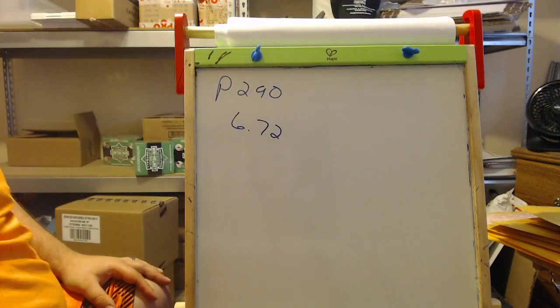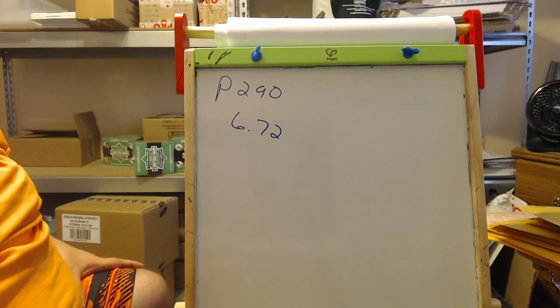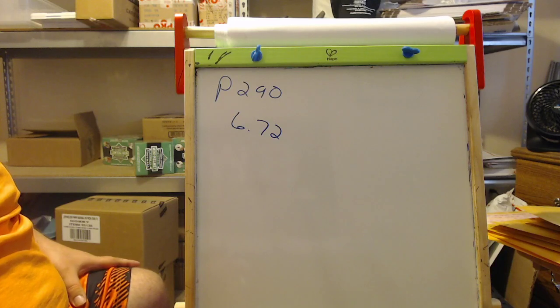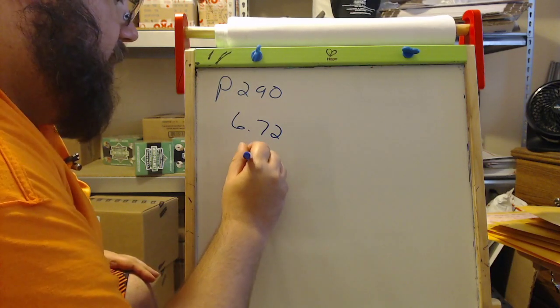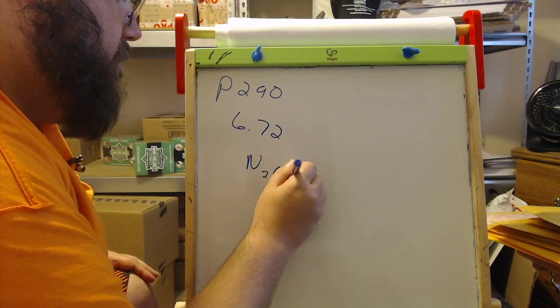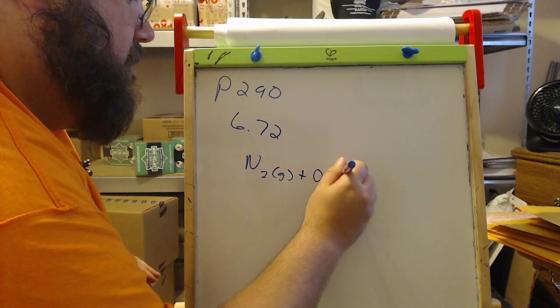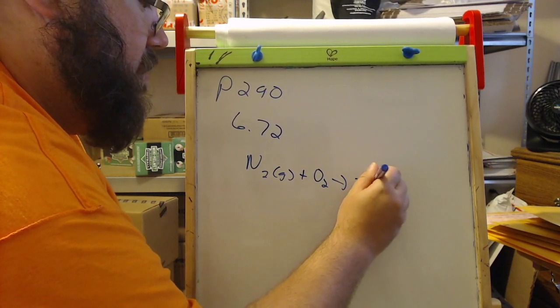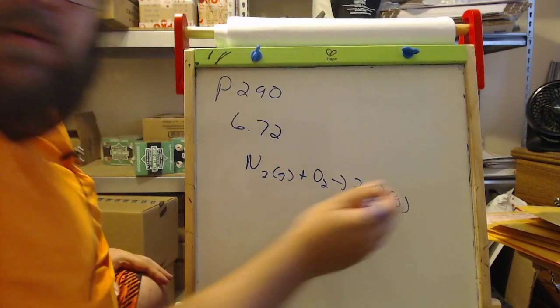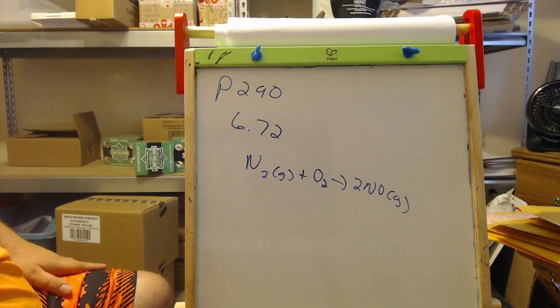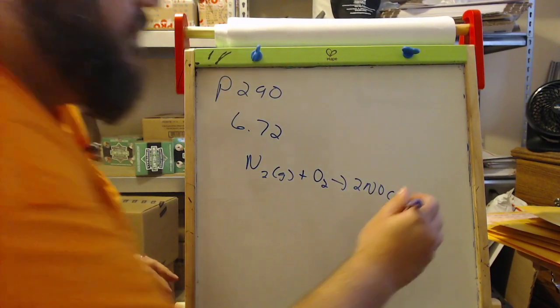6.72 gives you two equations. It says N2 gas plus O2 gas yields 2NO gas, and the delta H is 180.6.